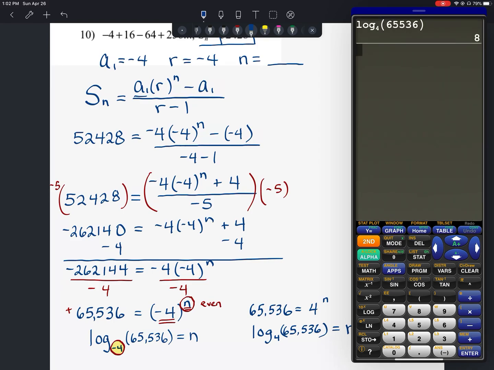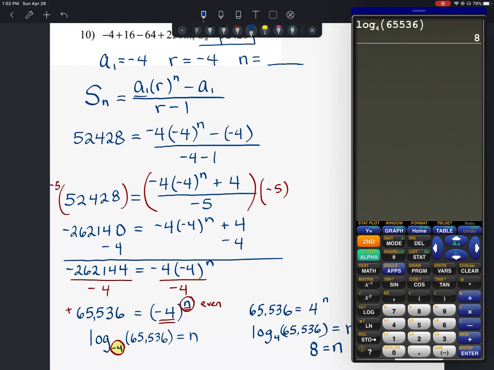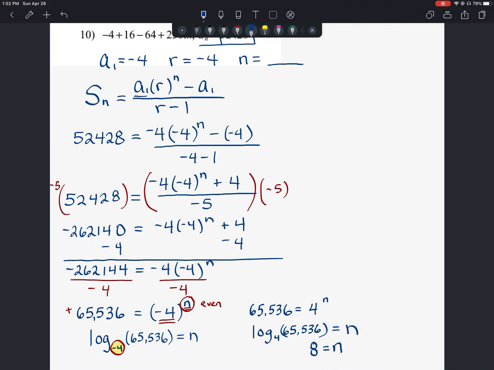And when we hit enter, you'll see we get 8. And it needs to be a whole number. If you get a decimal, something's wrong because you can't have part of a term number. So we have n equals 8, which means that there are 8 terms in that series.